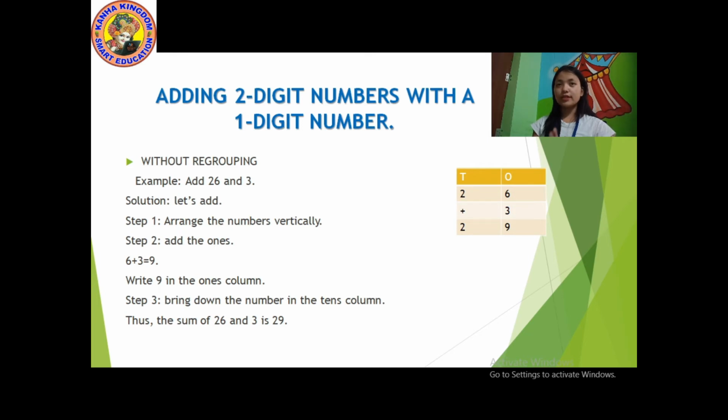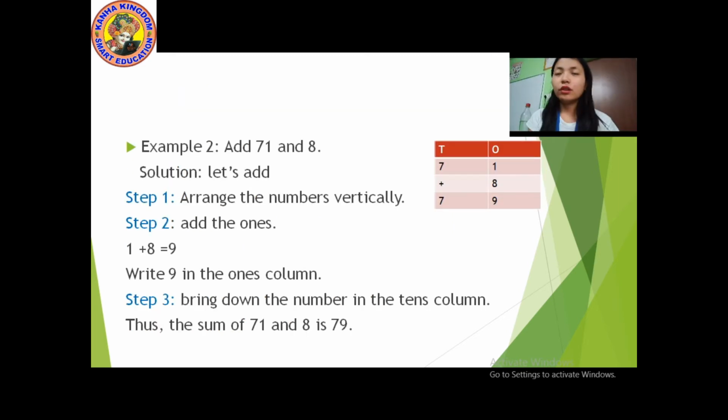Okay student, now we will see another example of adding a two-digit number with a one-digit number without regrouping. The second example is 71 and 8.